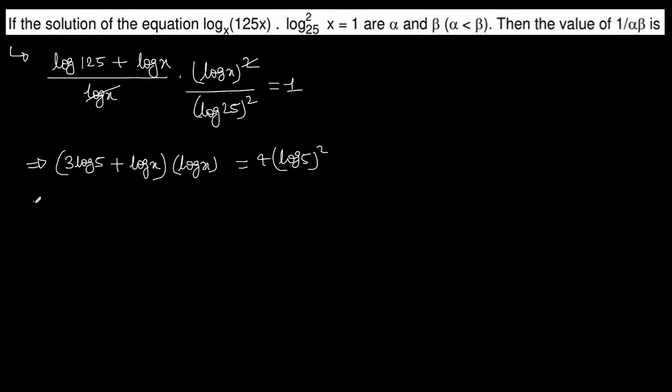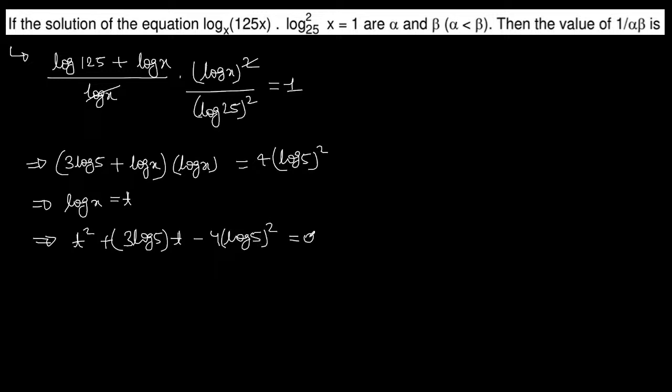Now what to solve? It's a quadratic. We'll put log x equal to t. So it's t square plus 3 log 5 into t minus 4 log 5 whole square equal to 0.